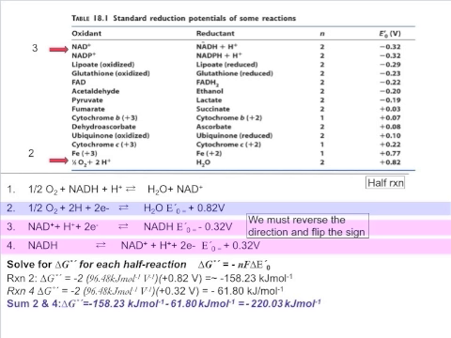And for reaction number 4, we have the change in standard free energy is equal to minus 2 times Faraday's constant times 0.32 volts, which is equal to minus 61.80 kilojoules per mole. And so the sum is negative 220.03 kilojoules per mole. That's a lot of energy to be given off at one time.